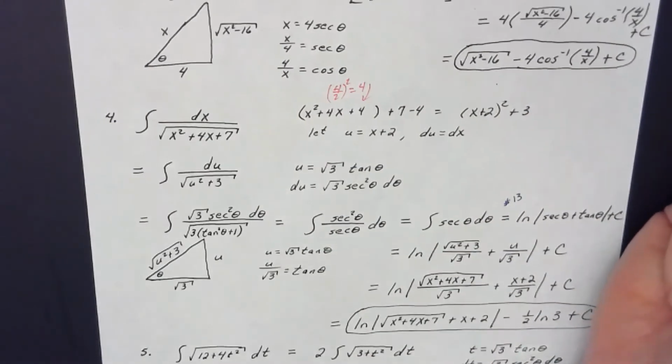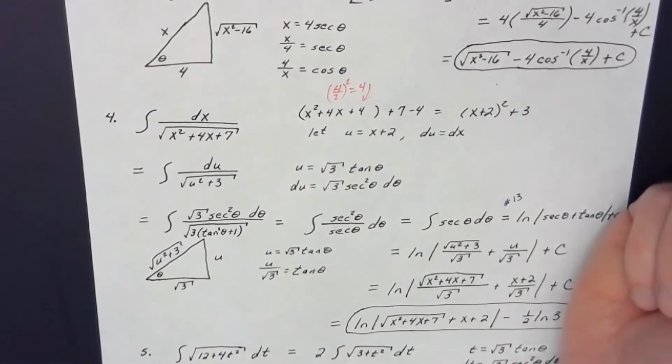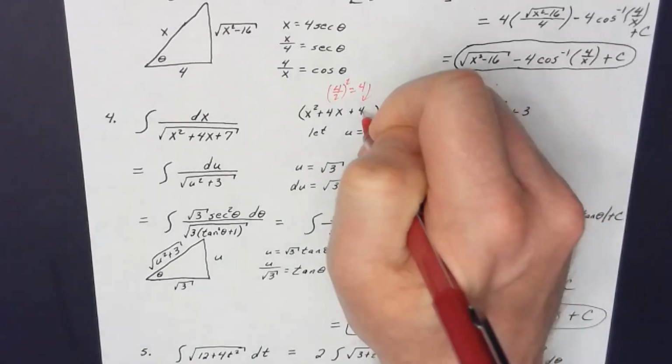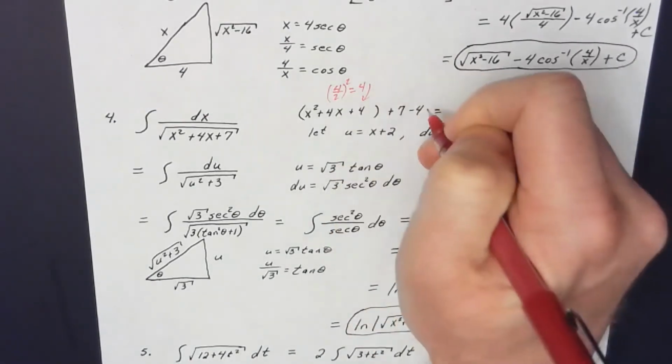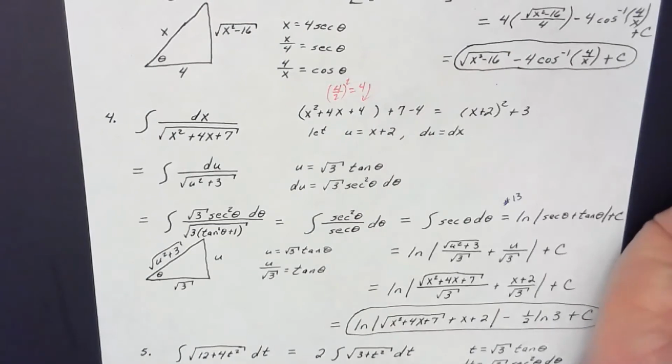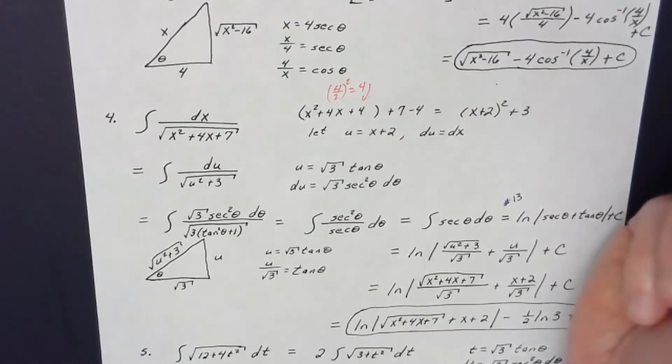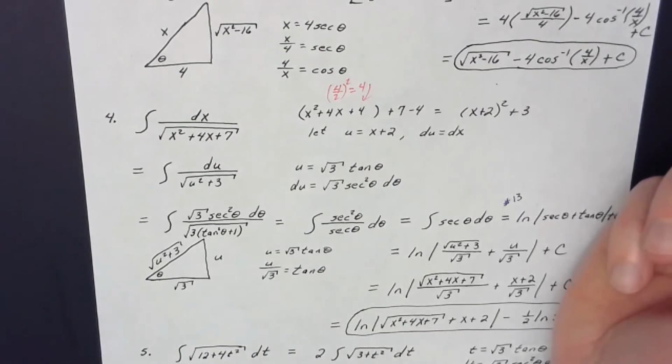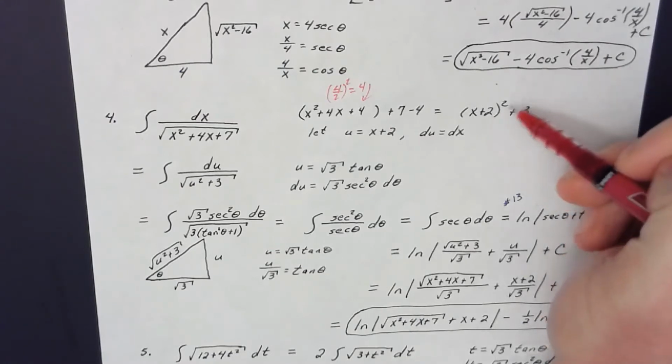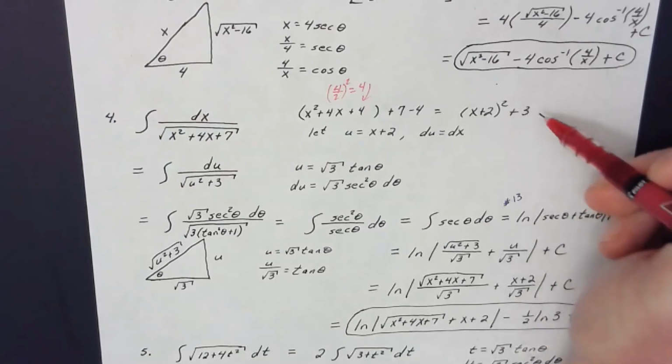But that 4 was not initially there at the beginning of the problem, so I have to make up for that: if I'm going to add 4 to the inside of the group, I subtract 4 on the outside of the group. So x squared plus 4x plus 7 is the same thing as x plus 2 quantity squared plus 3.